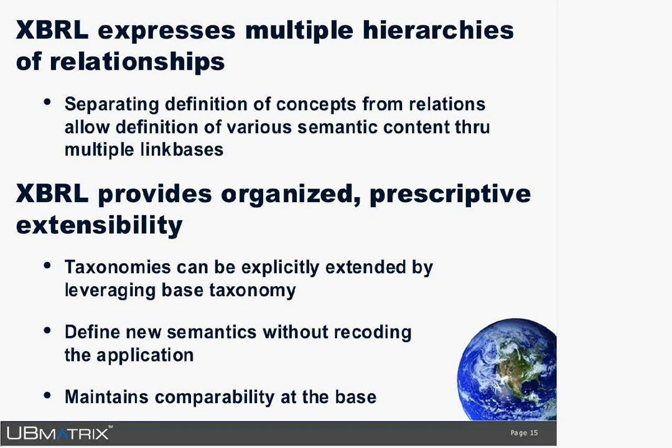The next thing that XBRL provides is organized, prescriptive extensibility. The extensibility of XML and XBRL are very, very different. XML's greatest strength is also its greatest weakness. XML is extensible everywhere. You can extend it in every direction, and it's so flexible in that way that it's hard to use the extensions that are created in an automated way.